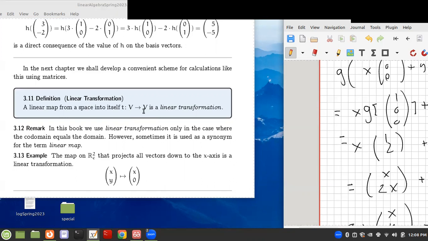That would be a linear transformation. If I had a graphic image and wanted to rotate it or do some kind of graphic transformation to it, that's going to be a linear transformation, which is a special case of a linear map, where the codomain is the same as the domain.